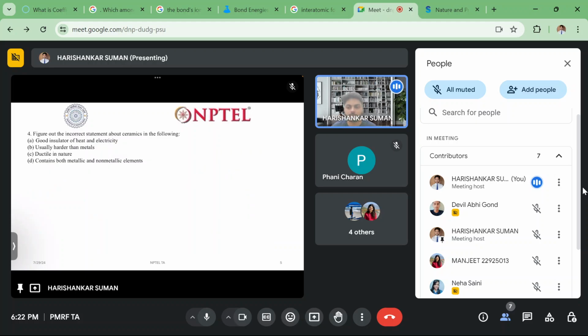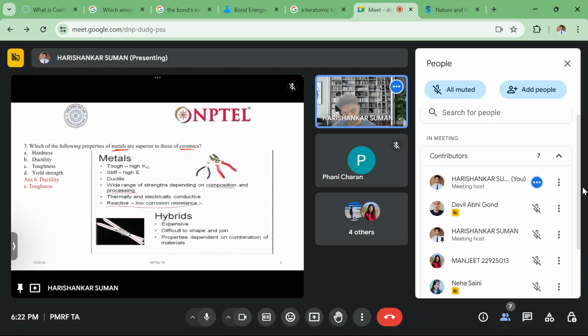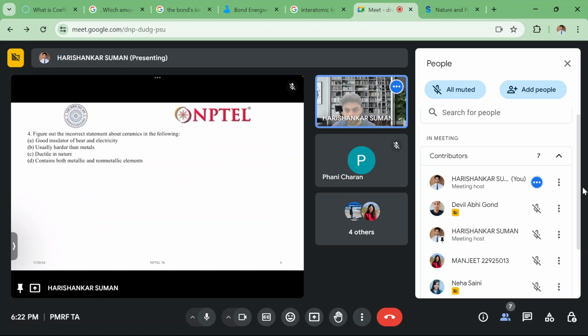So the next question is this. Figure out the incorrect statement about ceramics in the following. Option A, good insulator of heat and electricity. Incorrect, we have to find the incorrect one.